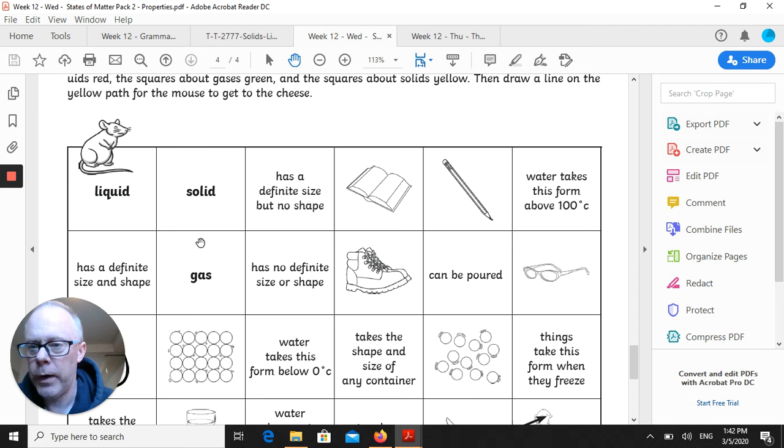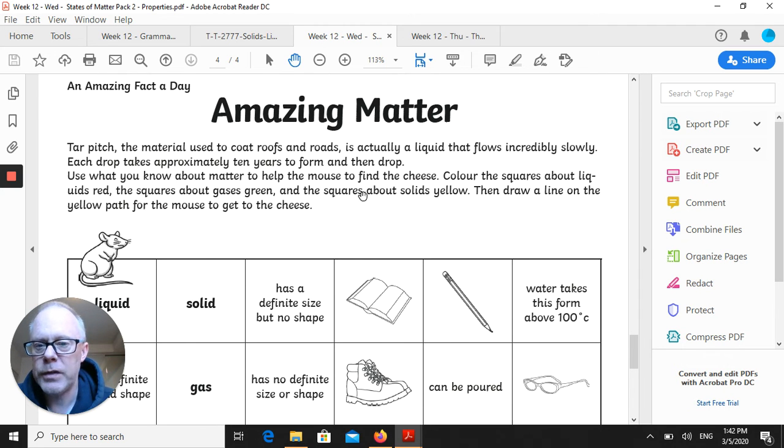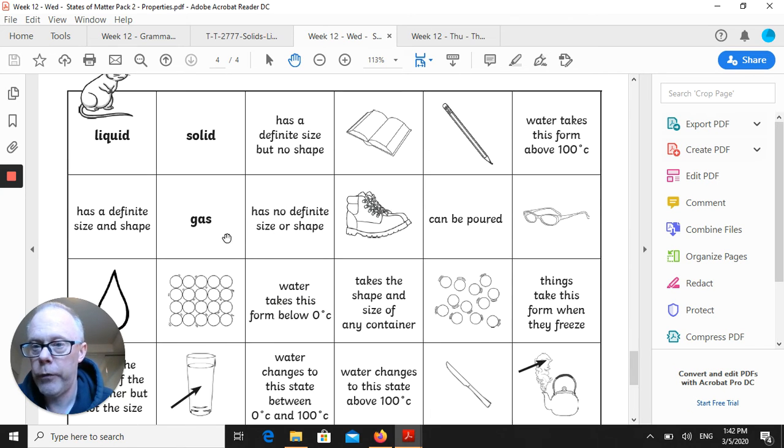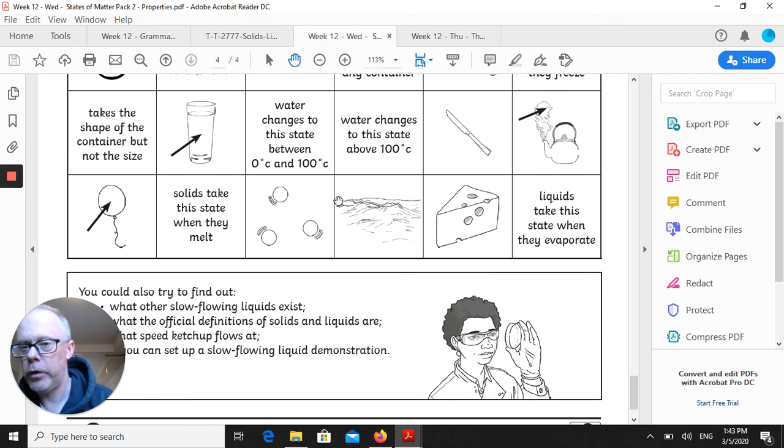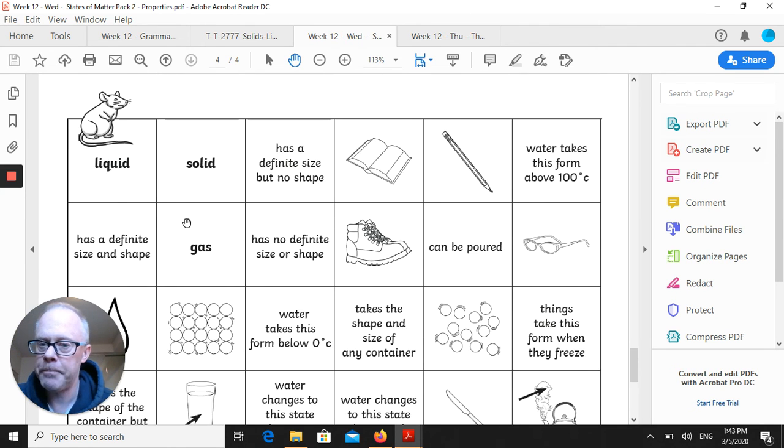So colour that one green. And lucky last, all the squares about solids, you need to colour yellow. So, for example, the box that says solid, colour yellow. But have a look at all the other boxes as well and colour them into the 3 different colours. From there, you can map the mouse along all the yellow boxes down towards the piece of cheese. So do your best. All the different boxes should have different colours.